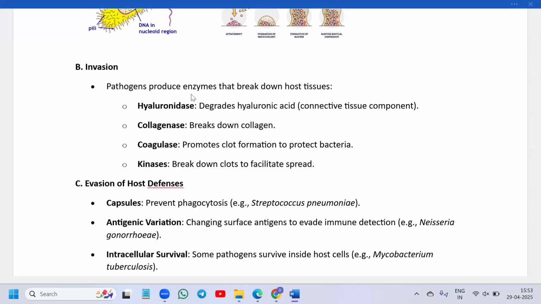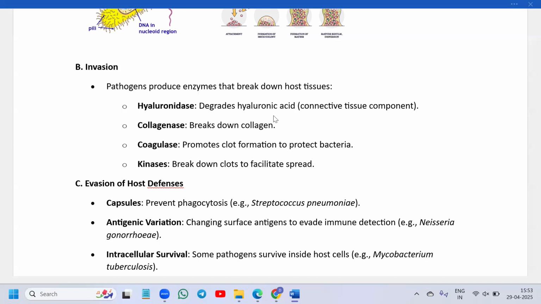For example, hyaluronidase. Anything ending with -ase is going to be an enzyme, right? So the pathogen is going to produce hyaluronidase that will degrade hyaluronic acid. Hyaluronic acid is a connective tissue component that is present in any tissue. So when it breaks down this hyaluronic acid, what happens?